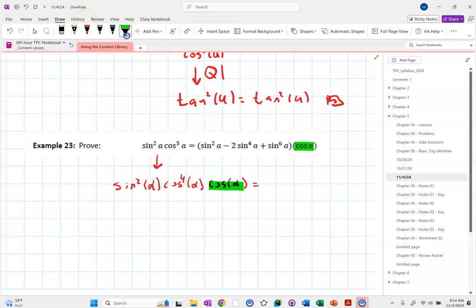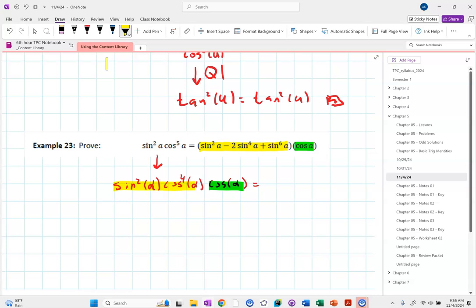Now if I look at what I have here, this has to come from the rest of this, right? Now, the right-hand side has only sines in that other parenthesis. So the sine squared, I don't want to touch either, right? Because I can just multiply that sine squared in and hopefully it'll take care of itself. It's the cosine to the fourth that I want to worry about messing with.